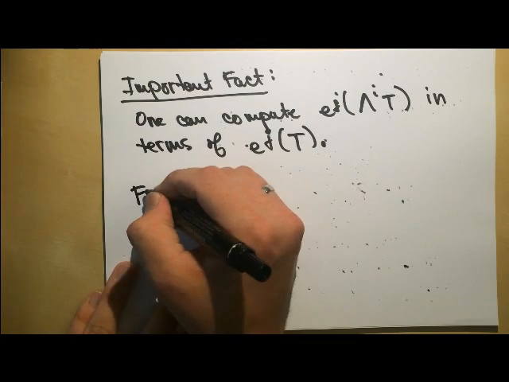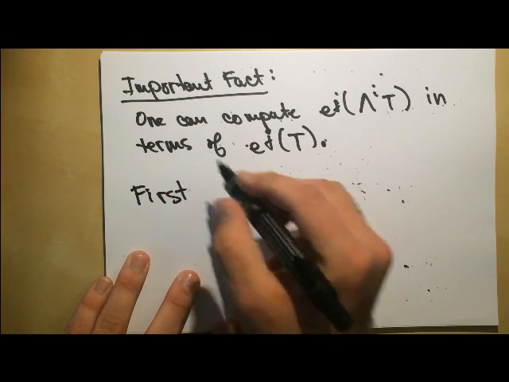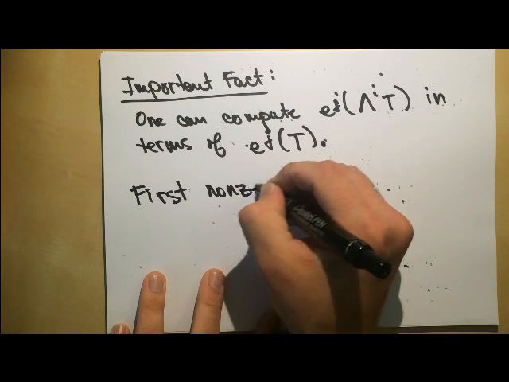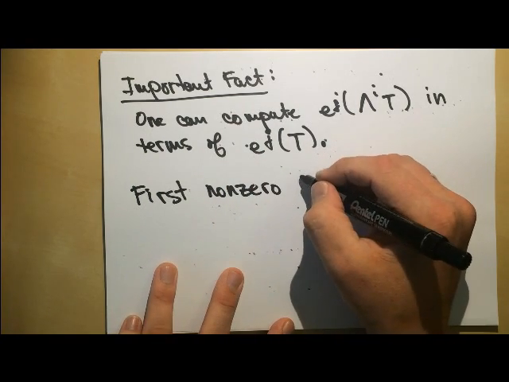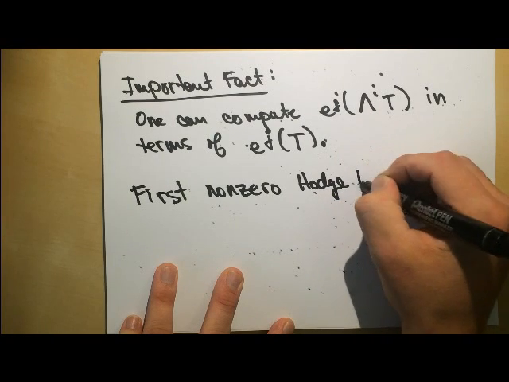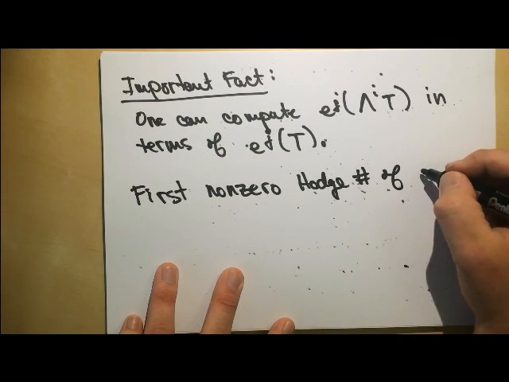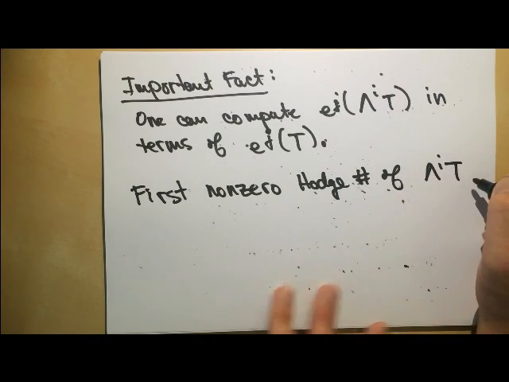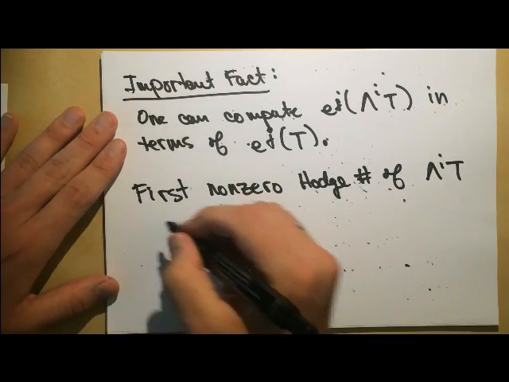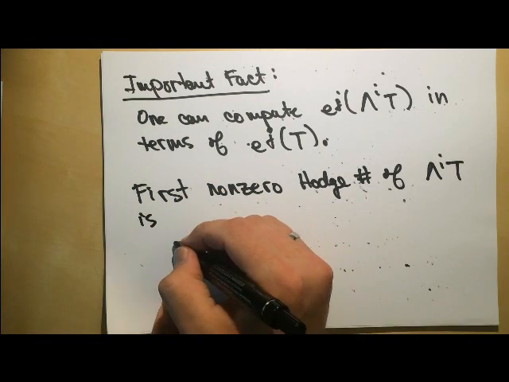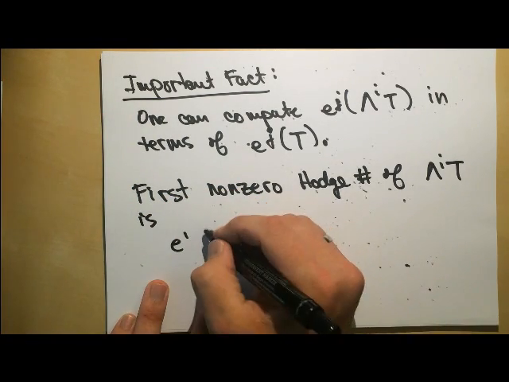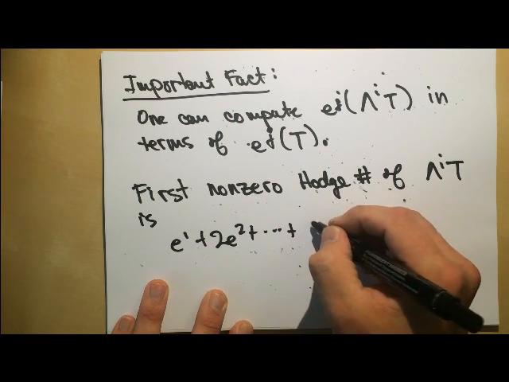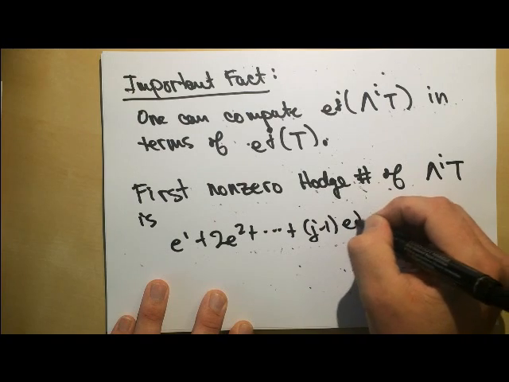And it turns out that this is important: the first non-zero Hodge number of this jth power of an ith power of here is the following number. It's going to be e_1, so I'm just going to write down something messy, e_{j-1}, e_{j-1}.